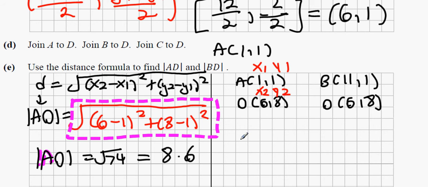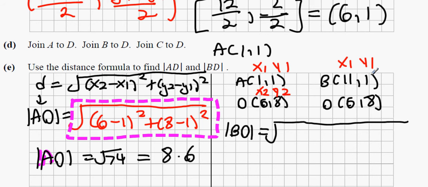Now we have to do BD. Let's find out what BD is. BD, once again, is going to be the square root of x2 minus x1. This time B is going to be x1, y1, and D is going to be x2, y2, because we're now doing BD.